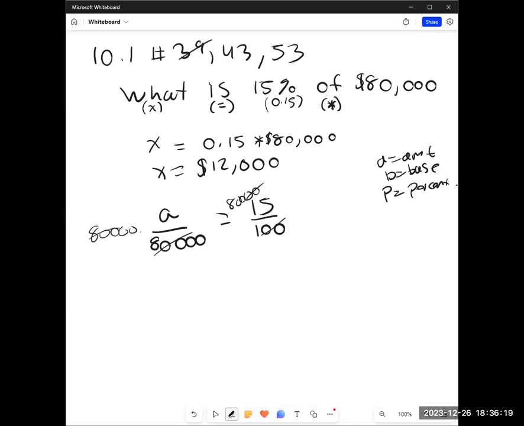So A is 12,000. This was dollars. It's the same thing. Instead of calling everything X, it gives more meaning to call them A, B, and P. Remember, if you solve for P in your problem, you're going to need to change it to a percent by dividing by 100.